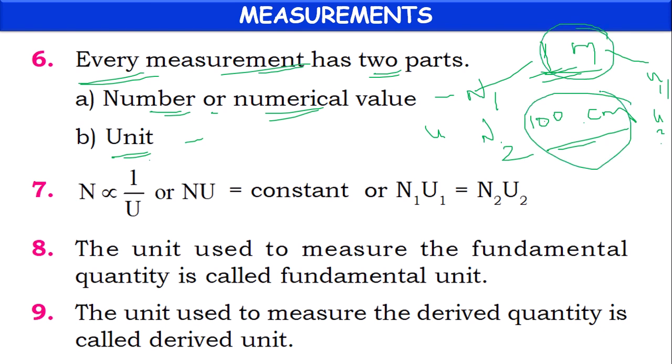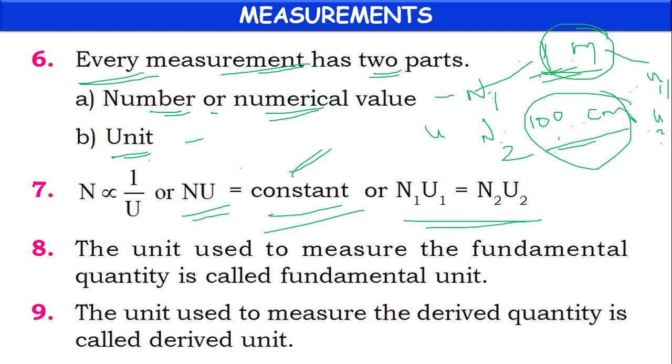So the product N1 U1 is always equal to the product N2 U2. Though they look different, their product will always be the same because this nu value is always constant. Way of representation may be different, but the value will always be constant.